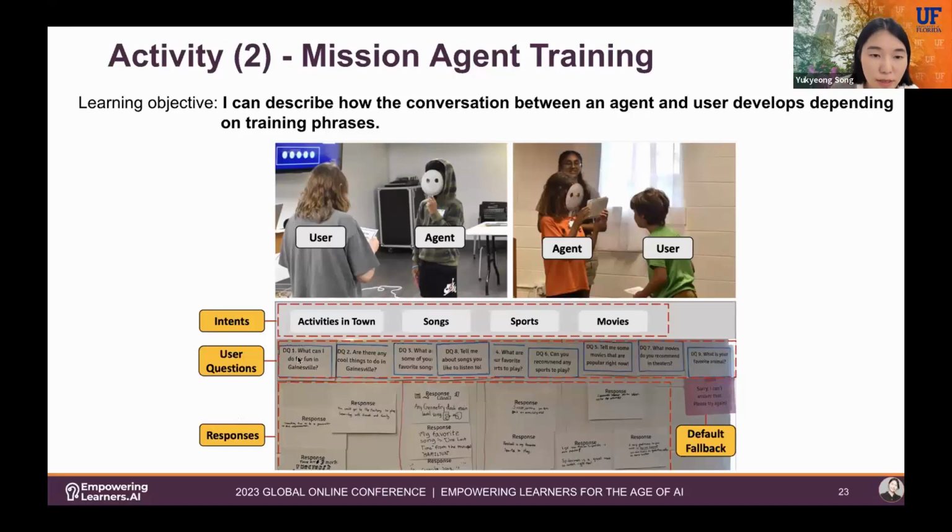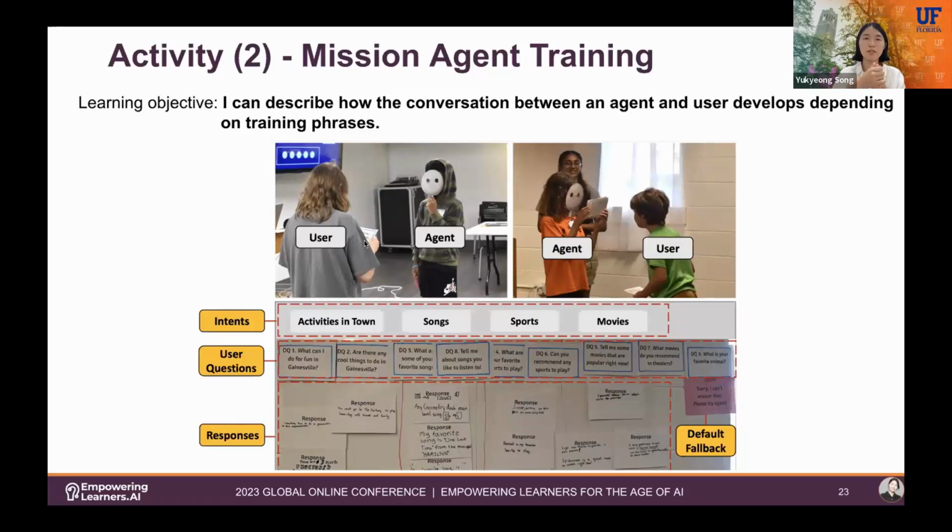For example, for the question, what can I do for fun in Gainesville?, they can say, oh, you can go to Flea Factory to play something, or there's a theater in Gainesville. So they would write those responses, and the user would read those questions.